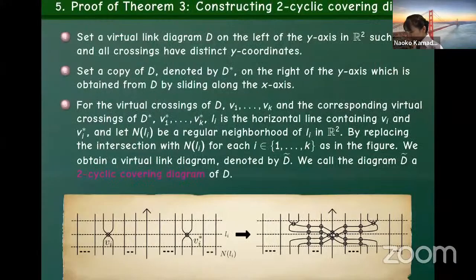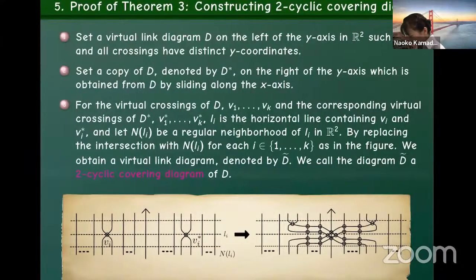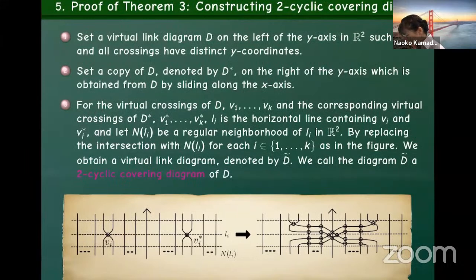For the virtual crossings of D, V1 through Vk, and the corresponding virtual crossings of D asterisk, V1 asterisk through Vk asterisk, Li is the horizontal line containing Vi and Vi asterisk, and let N(Li) be a regular neighborhood of Li in R2.